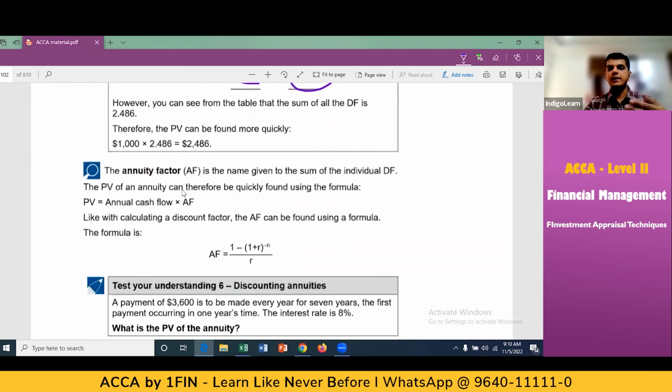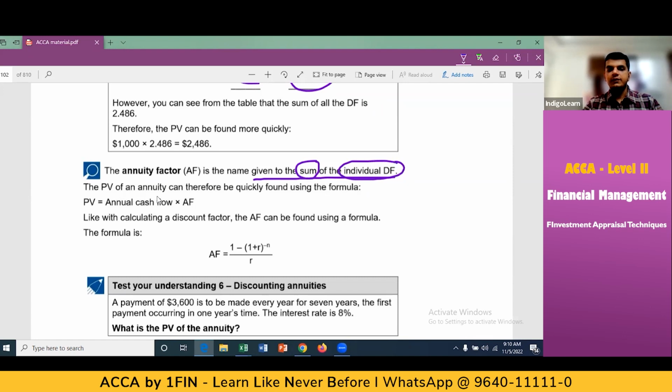Now this was via table. How can we calculate the annuity factor and how can we calculate the present value of the annuities received? Similarly, there is a formula for it. The annuity factor is the name given to the sum of individual discounting factors. If we sum them up, we'll get the annuity factor.